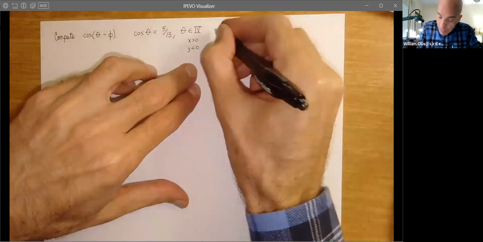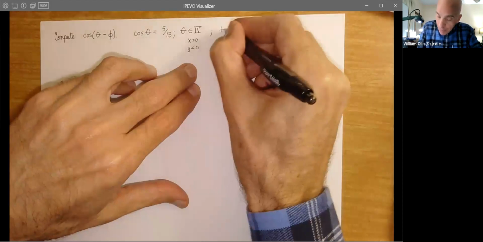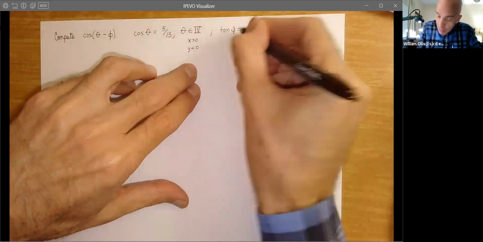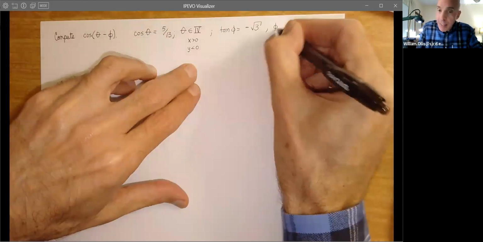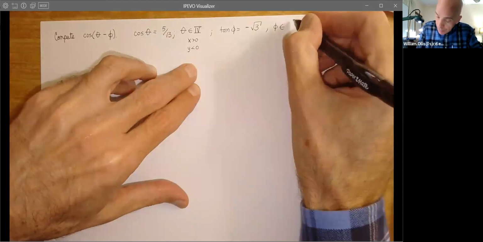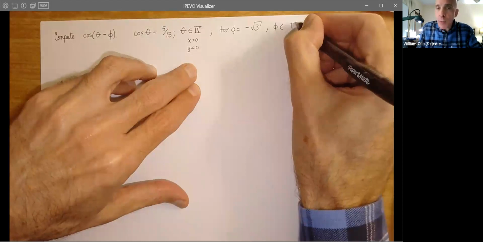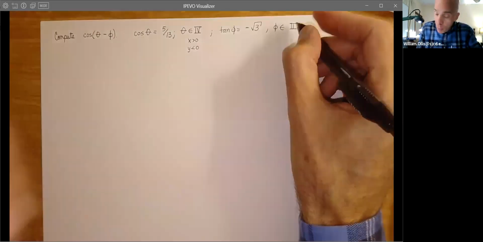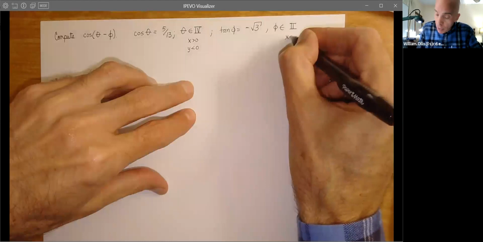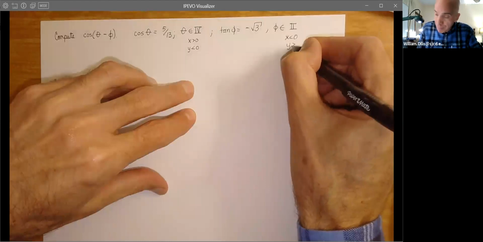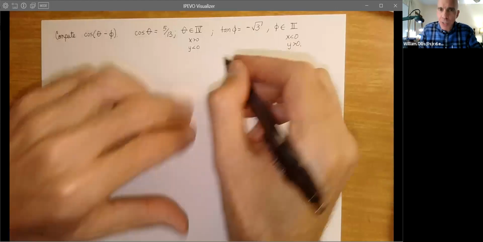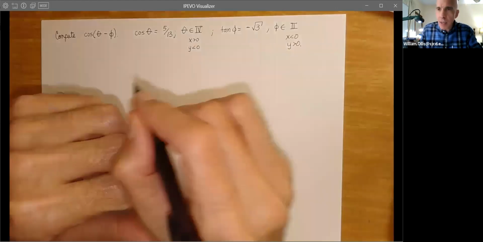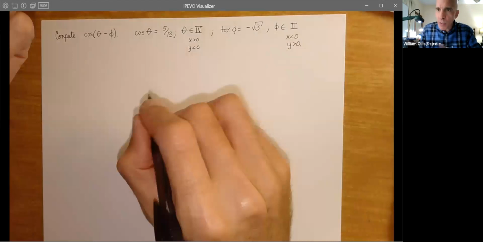And then we're given that tangent of phi is the negative square root of 3, and that phi terminates in the second quadrant. Now, of course, what's the arithmetic of the second quadrant? We know that x is less than 0 and y is positive. Sine and cosine are more complicated than tangent and cotangent, and of course, secant and cosecant are just sine and cosine reciprocated.